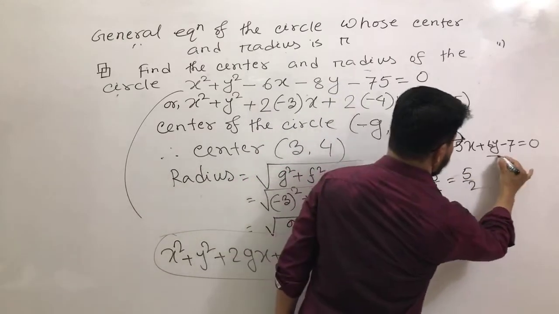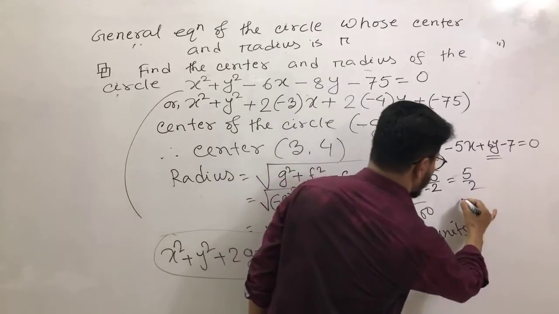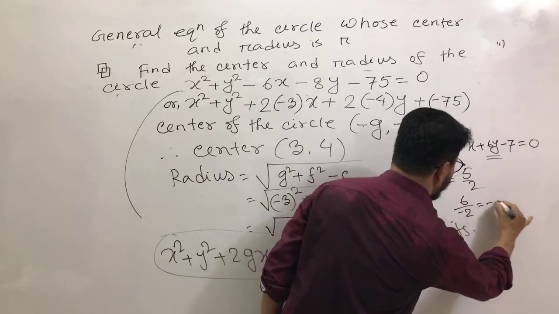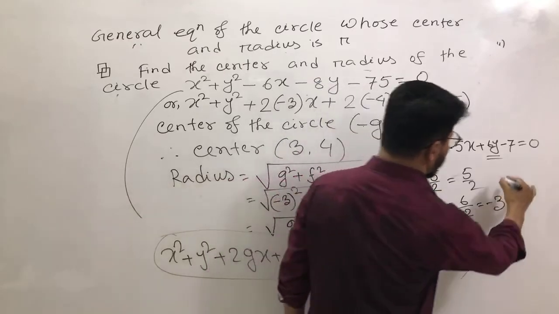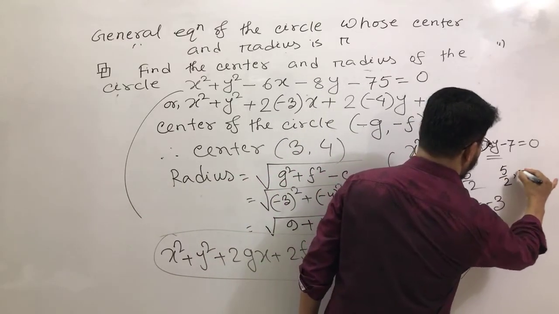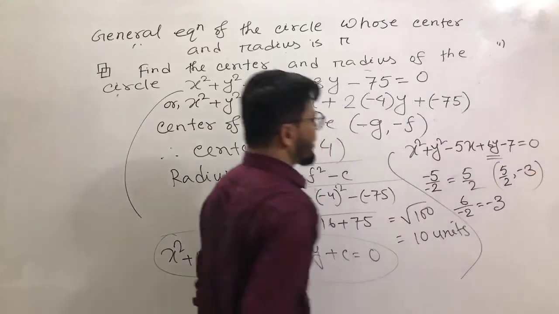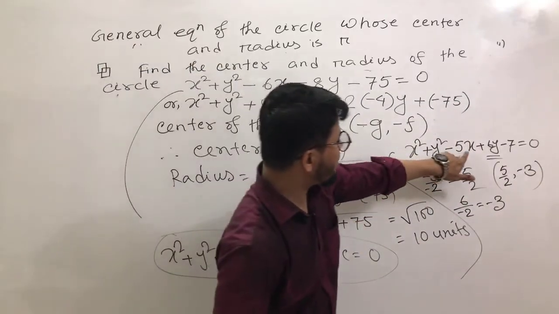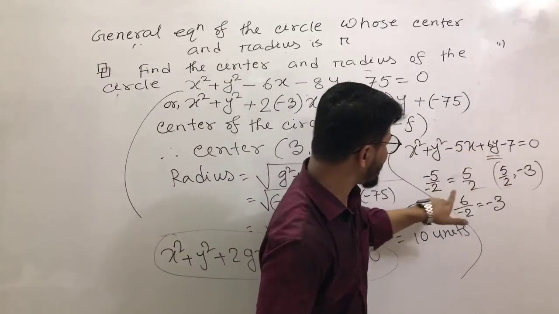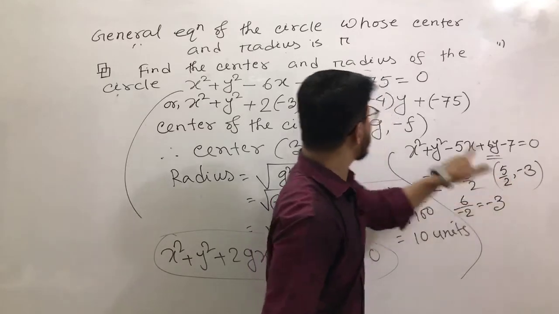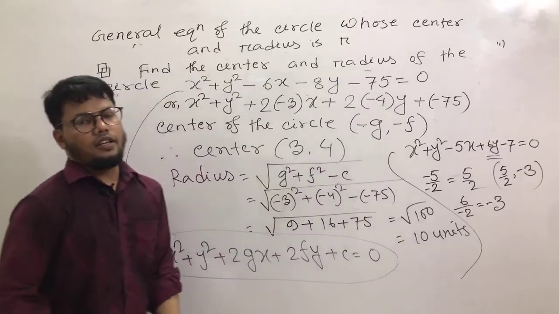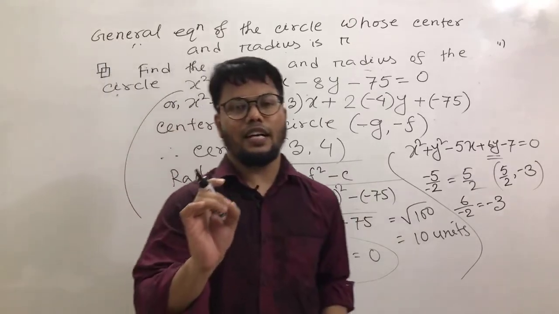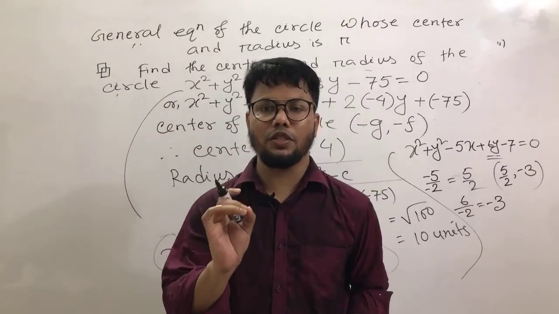And again 6 divided by minus 2 will be minus 3. So the center will be 5 by 2 comma minus 3. This is the short technique. Just divide the coefficient of x and y by minus 2 and you will get directly the center of the circle. So my dear students, I think this concept is clear to you.